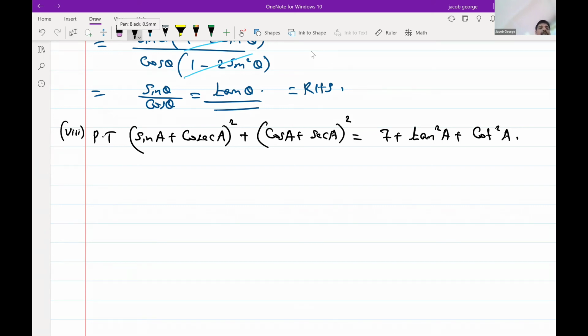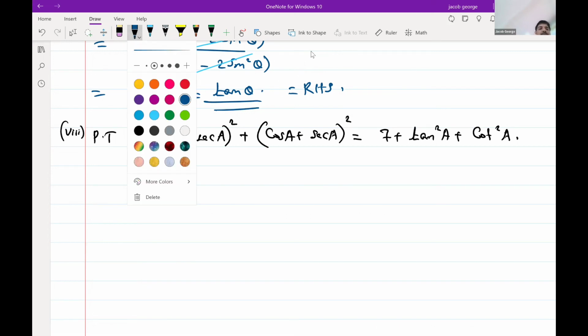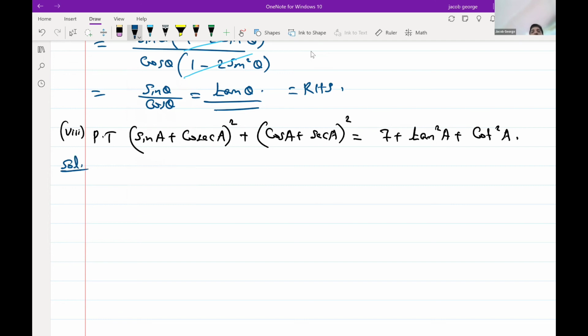Okay, so we will start the solution with the left hand side. Copy the left hand side and we will expand it using (A plus B) the whole square. What is (A plus B) the whole square? A square plus B square plus 2AB.